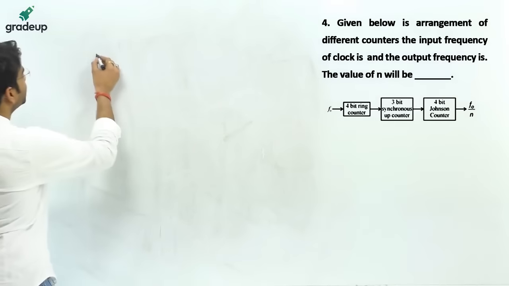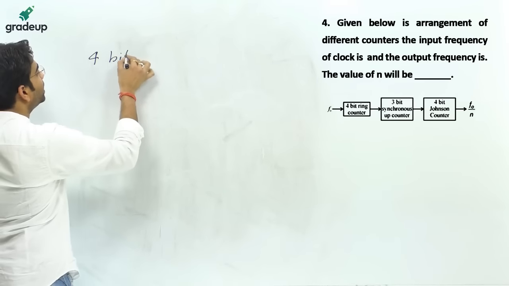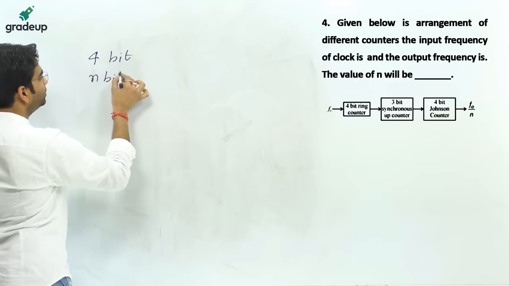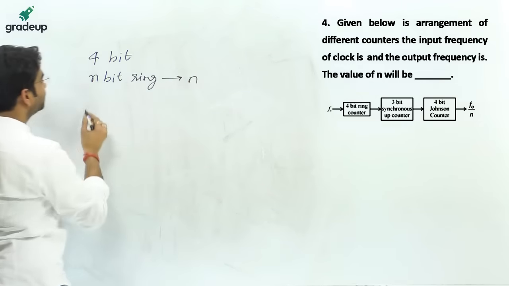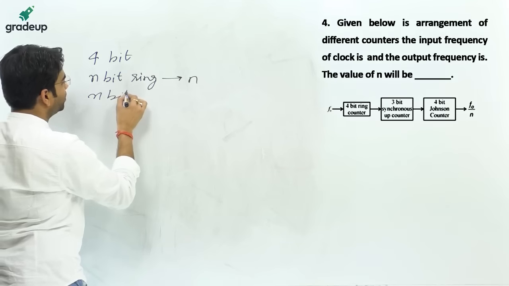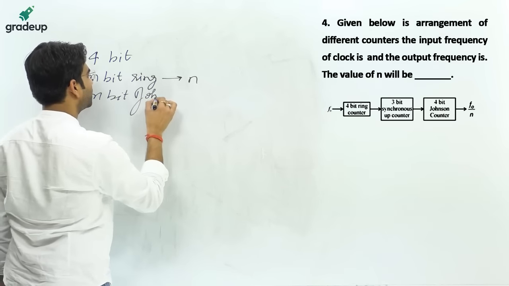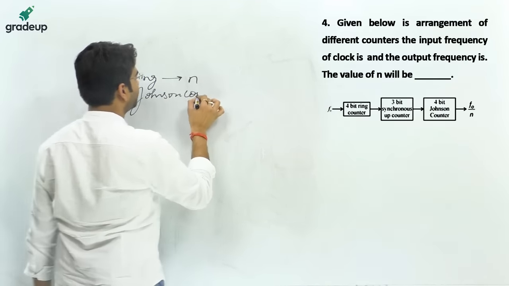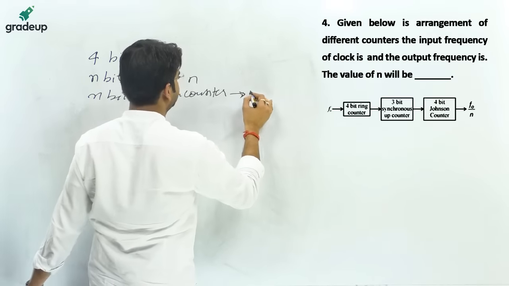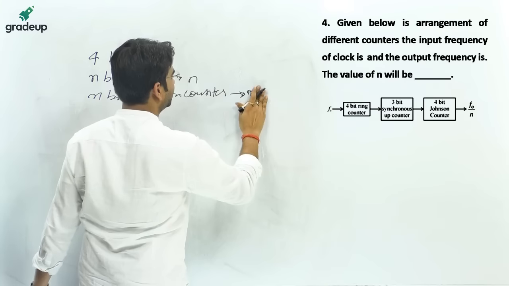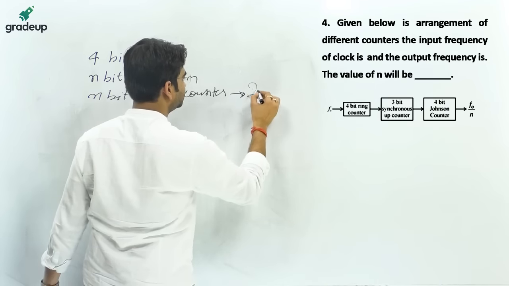4-bit ring counter, n-bit ring counter, number of stages is n. N-bit Johnson counter, number of stages is 2n.